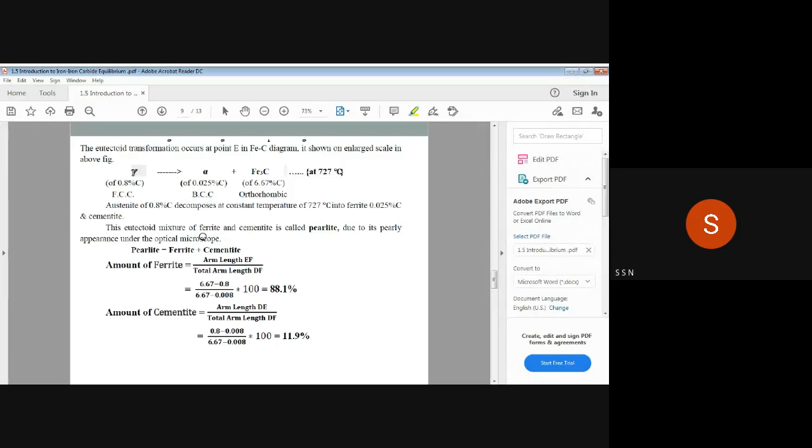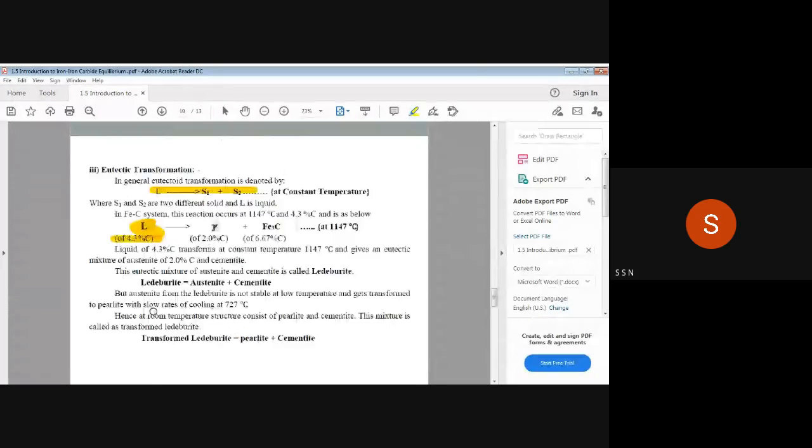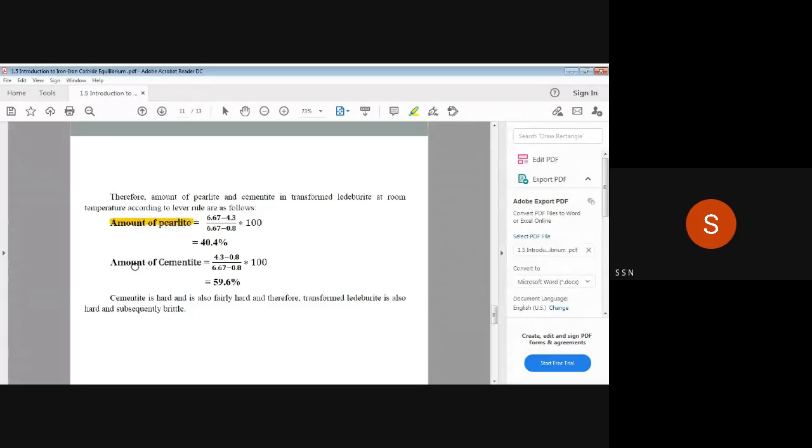Okay. So amount of ferrite and amount of cement... sorry, here, amount of perlite and amount of cementite.